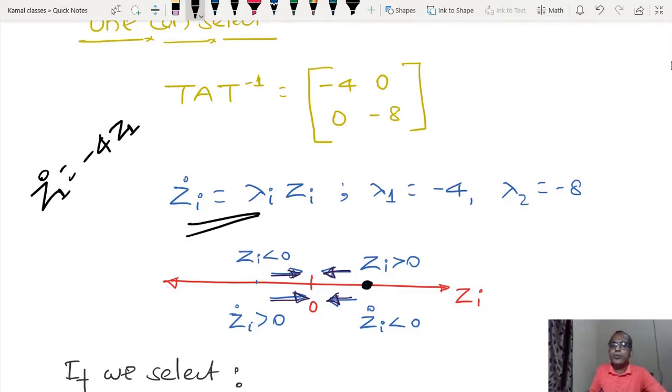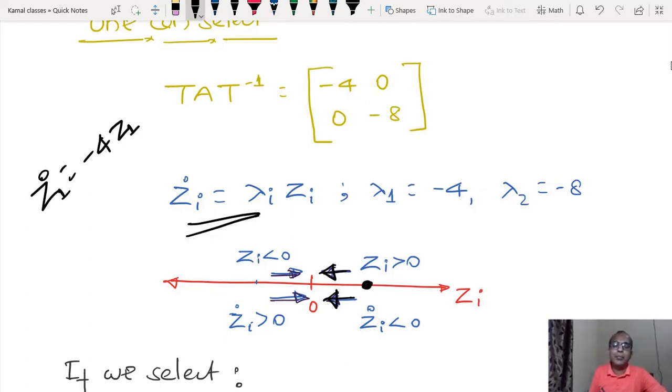If z is greater than 0, then z dot is less than 0. The quantity is greater than 0 and its rate of change is less than 0, and it is only able to move in one dimension, so I have only one possible choice: I can move towards the equilibrium point. I hope I have already talked about this, so you are all well aware of this point.